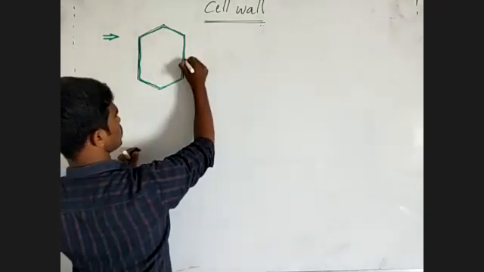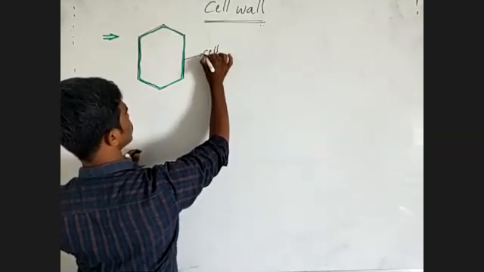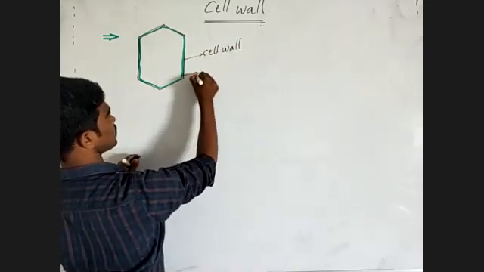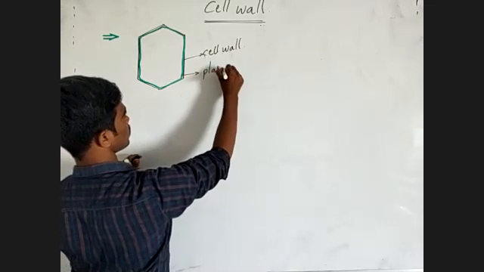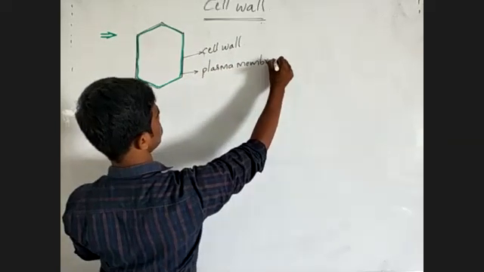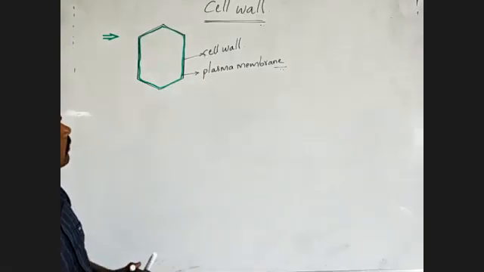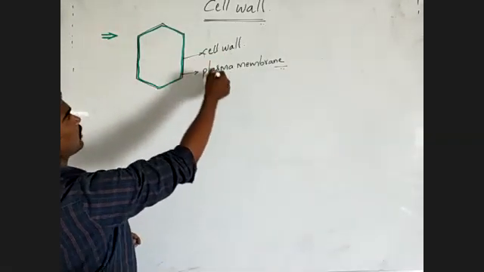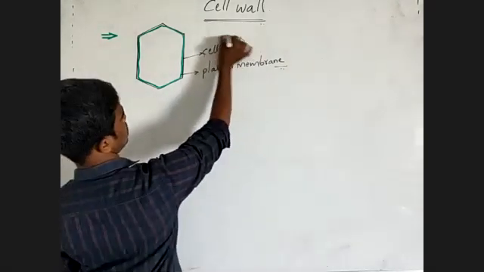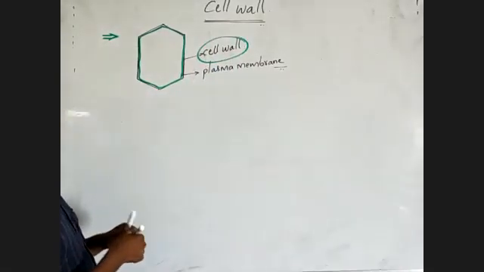This outermost one, the black colored one, is the cell wall. Next one is the plasma membrane. Here, what is the structure of the cell wall?